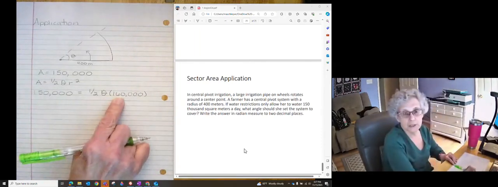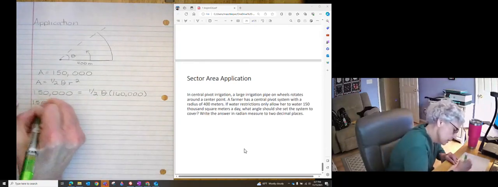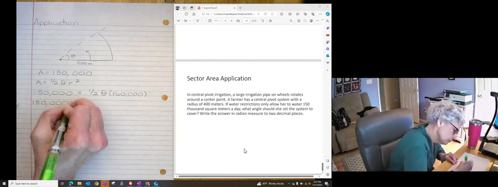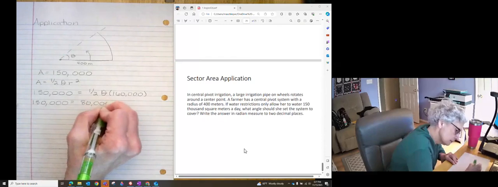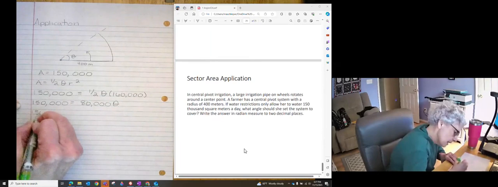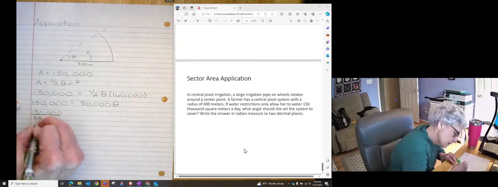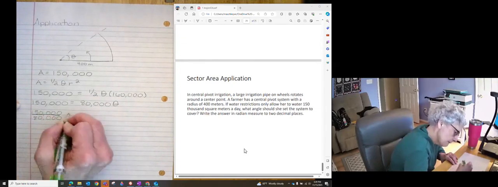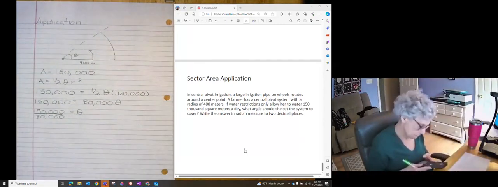Well, I have 160,000 times 1/2, so let's simplify a bit. Divide that by 2, it's 80,000 theta, so 150,000 divided by 80,000 is equal to theta.